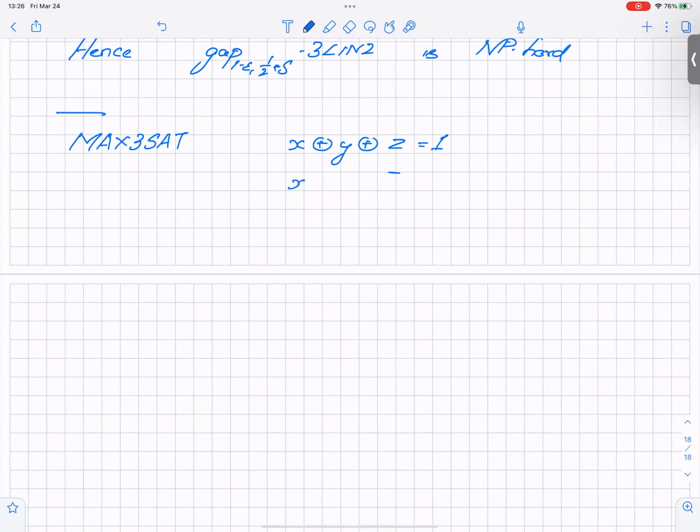This is the same as X or Y or Z, X or Y or Z. So pick up always 2 guys.